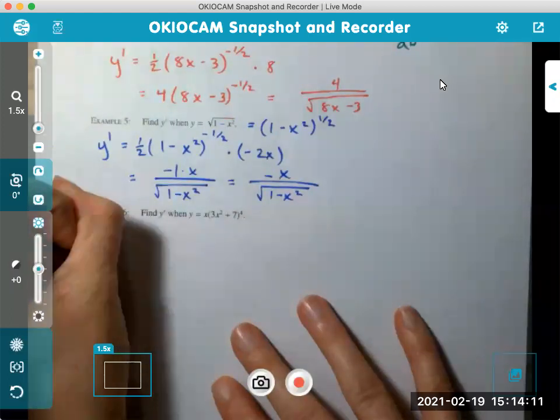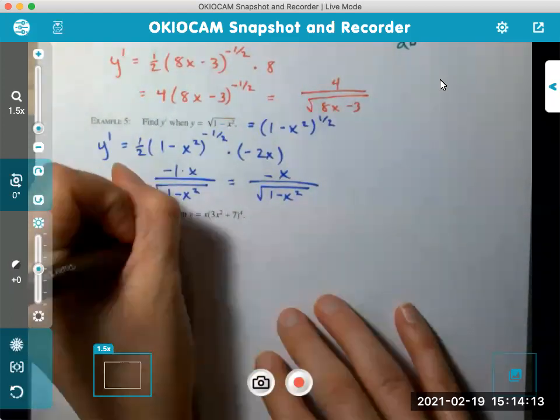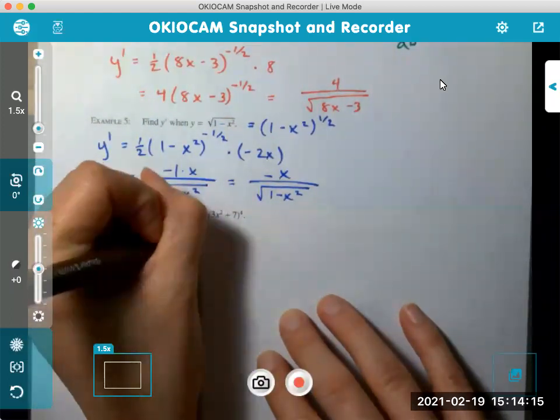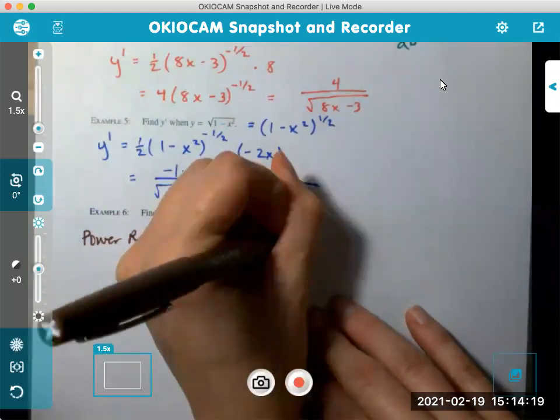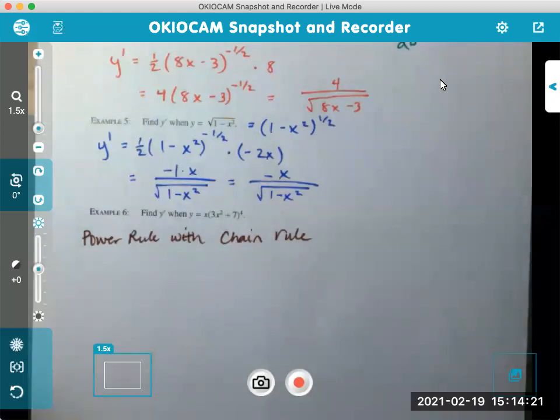So like I mentioned before, this is why it's so imperative that you know all the rules up to this point, because now they're going to commingle. We'll have quotient rule with the chain rule, power rule with chain rule.